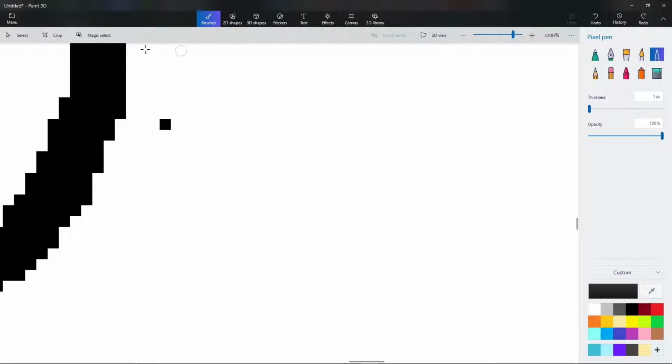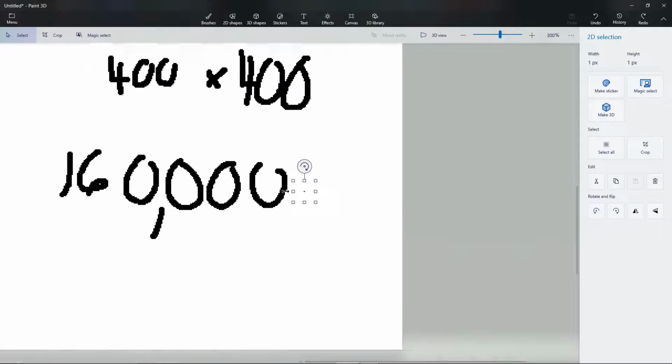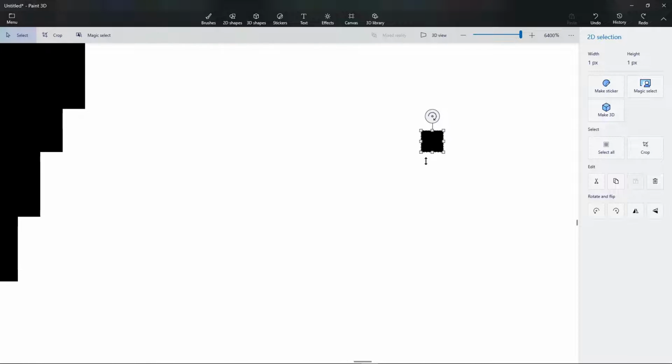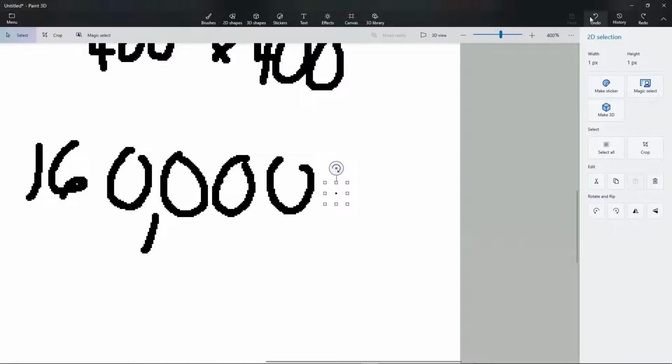Do you see it? Yes, they are all perfect squares. This right here is a perfect square.